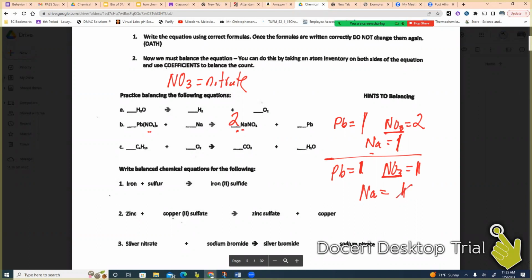So by doing that, that changed my sodium to 2 and my nitrate to 2. So sodium we really didn't want to change, but at least it will be an easy fix. I have 2 on my product side, only 1 on my reactant side. So what do I need to put in front of my sodium, what coefficient? A 2. And it's nice because it's an element all by itself, so it doesn't mess anything else up.